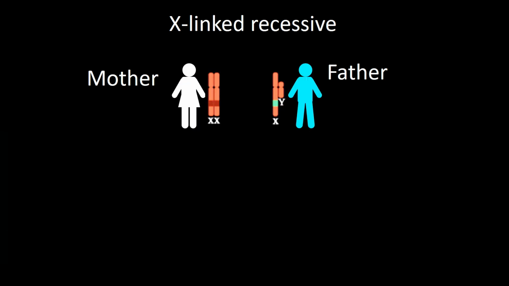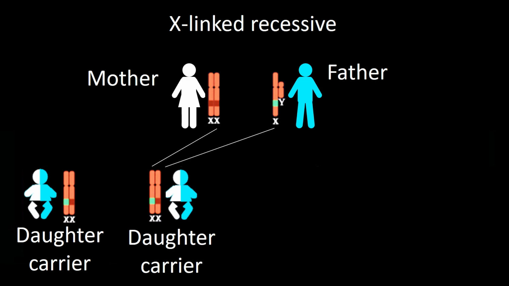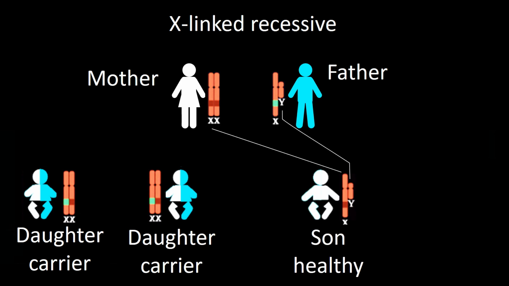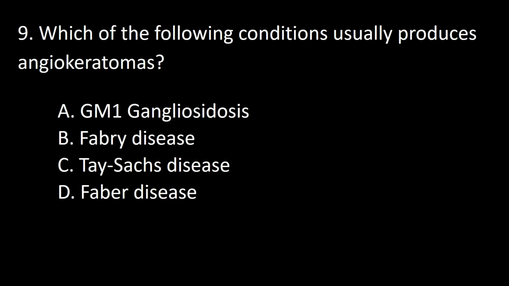But if the father has the disease and the mother is not a carrier, all daughters will be carriers because they will all get the bad gene from the father's X chromosome, and the two sons will be healthy since both will have the X chromosome from the mother. So the answer to this question is B.